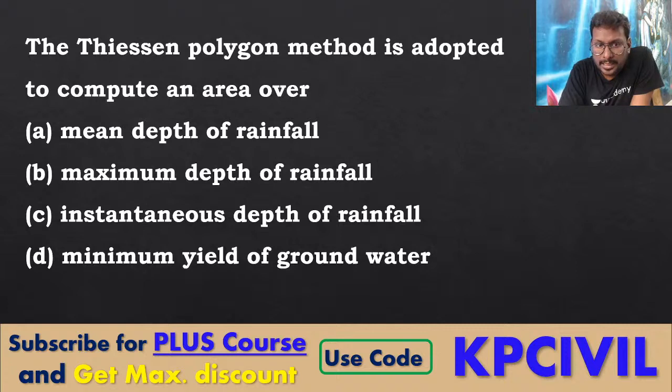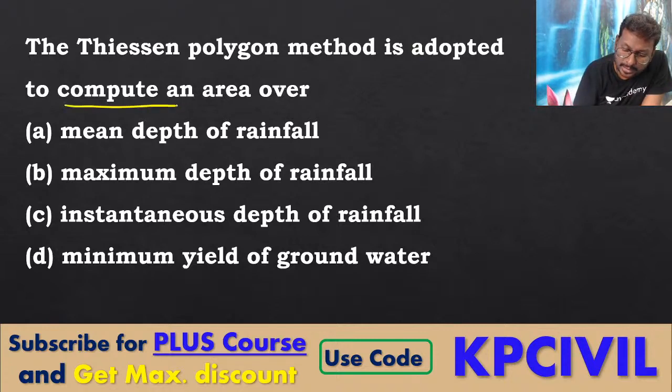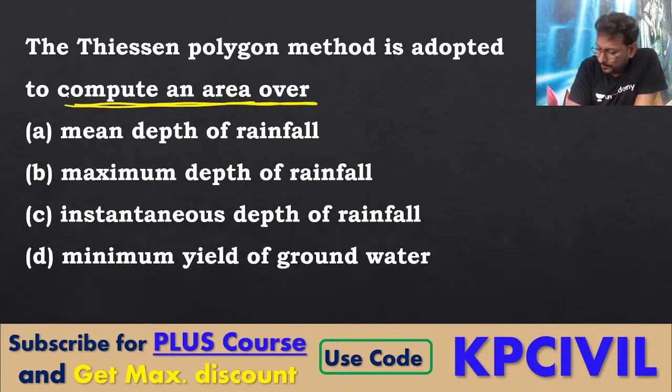Thiessen polygon method is adopted to compute an area over what depth? Minimum depth, maximum depth, instantaneous depth or minimum yield? Nice, Ajay Singh, you are going to get the job. UPPSC AEE, UPPSC AE. You will get the job and you need to give me a treat.